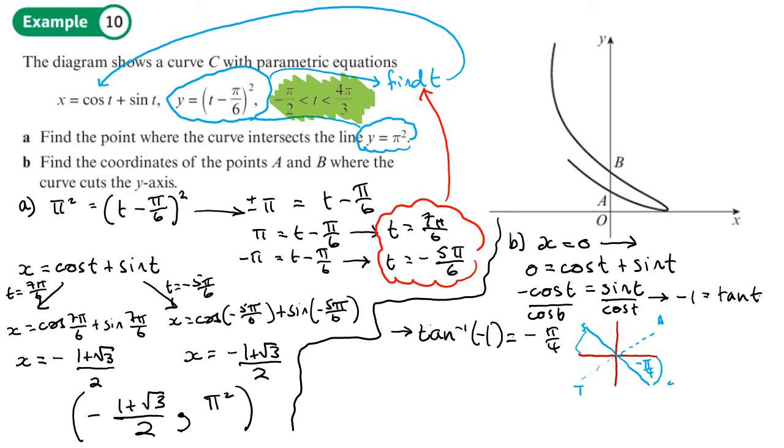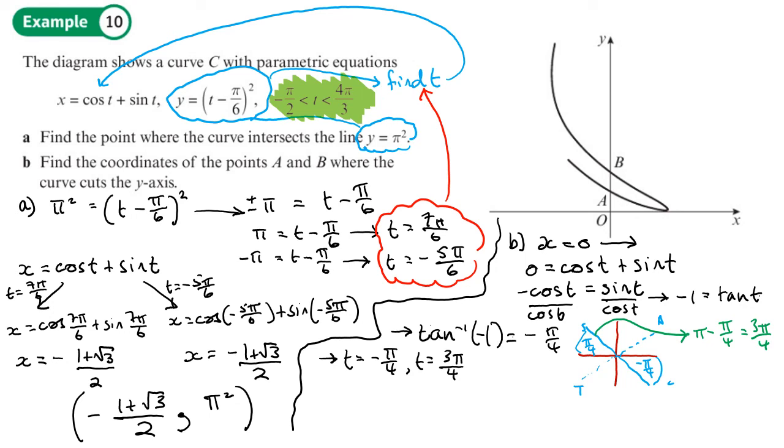So this is a gap of π/4. So according to my CAST diagram, this other angle would be π minus π/4, which is 3π/4. And actually that's in the range here, isn't it? So actually there's another solution. So I've got t equals negative π/4. That's fine. And also t is 3π/4.